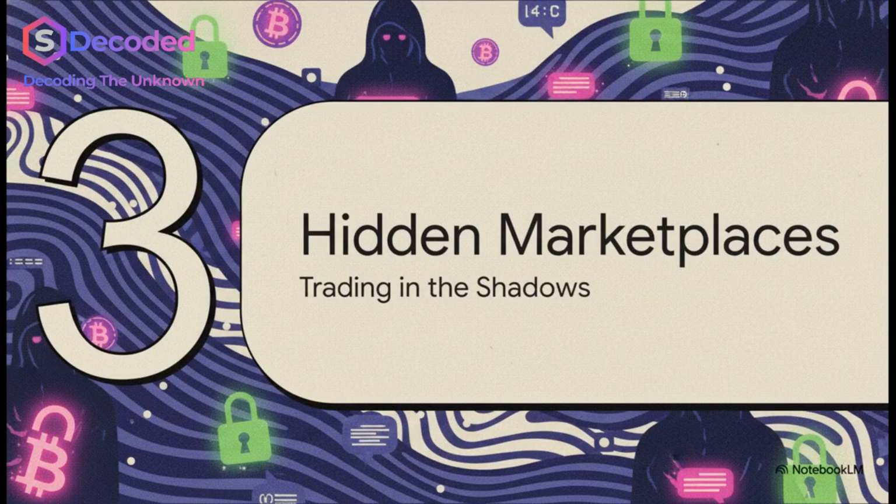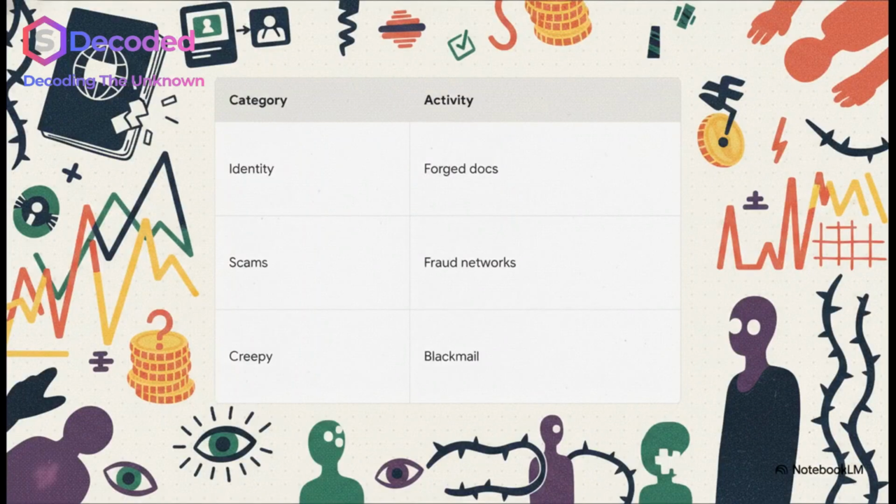Section 3. Dangerous hidden marketplaces. Trading in the shadows. As we descend a bit deeper into this digital ocean, we hit the hidden marketplaces. And look, we're going to objectively examine what actually happens inside these highly encrypted, anonymous chat rooms. We're not going to sit here and glorify any of this with operational details, but we absolutely need to understand the threat landscape.